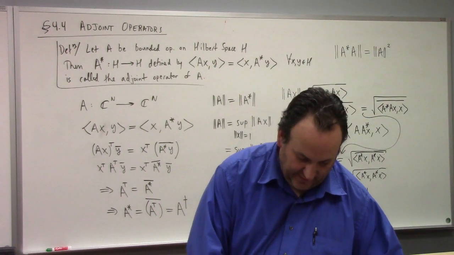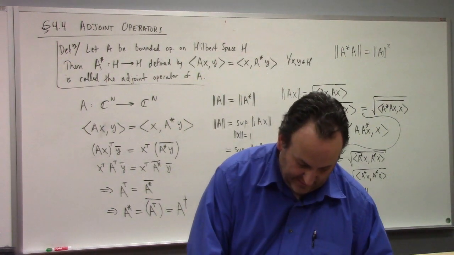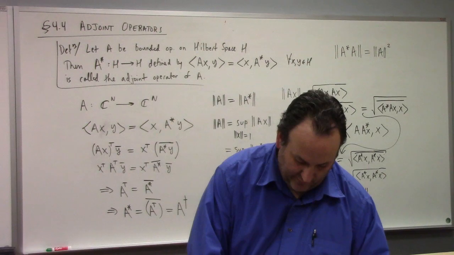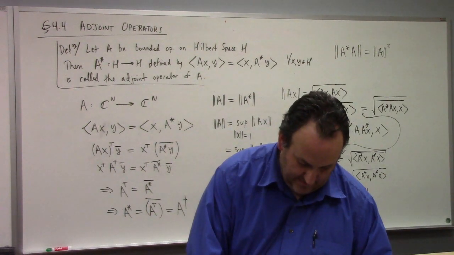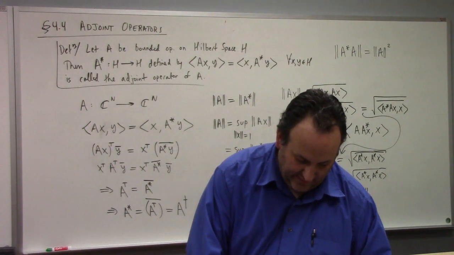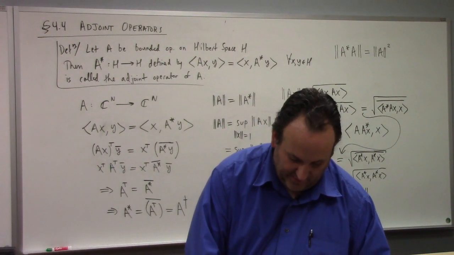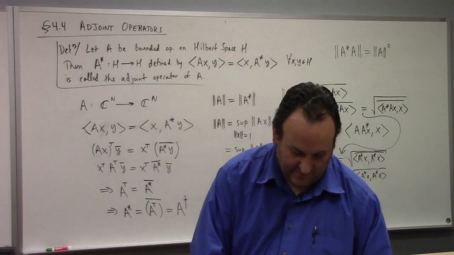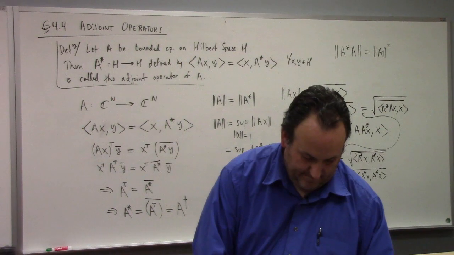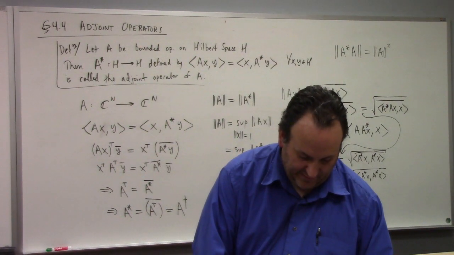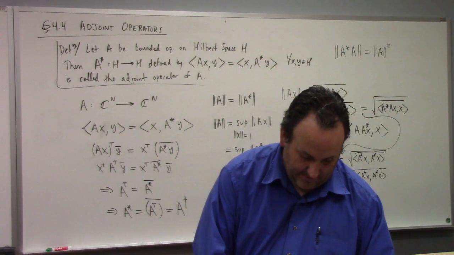He's got some kind of real and imaginary breakdown going on. If you look ahead to theorem 4.13, there are unique self-adjoint operators A and B such that T is A plus iB and T star is A minus iB. So it's kind of an operator analog of real and imaginary parts. All right, so there's that.